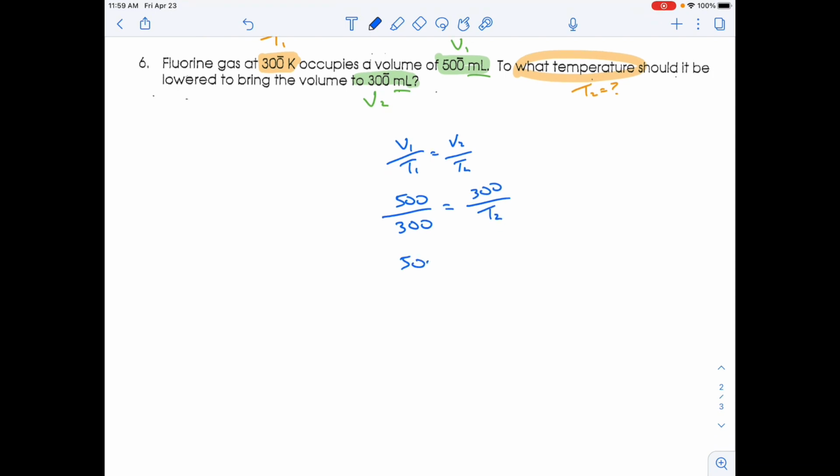You can cross multiply. 500 T2 equals 300 times 300. So T2 is going to equal 180. And this is in Kelvin. So whenever you get temperature, that will be a Kelvin degree. Or it's not a degree, it's just a Kelvin. Okay, and that's your answer.